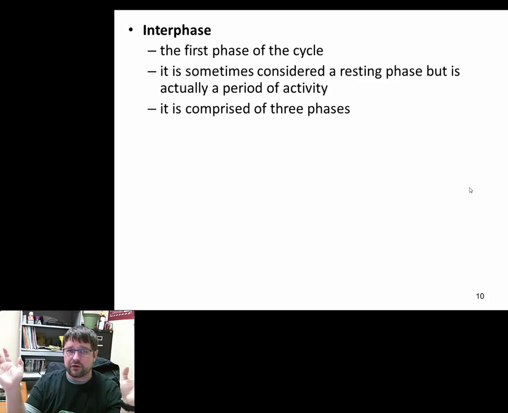Nothing interesting is going on in these phases. Well, we now know that that's not true. Interphase consists of the G1 phase, the S phase, and the G2 phase, and there's a lot of interesting things going on, including preventions of the other phases, so checkpoints, that occur in interphase, and we'll get to that.